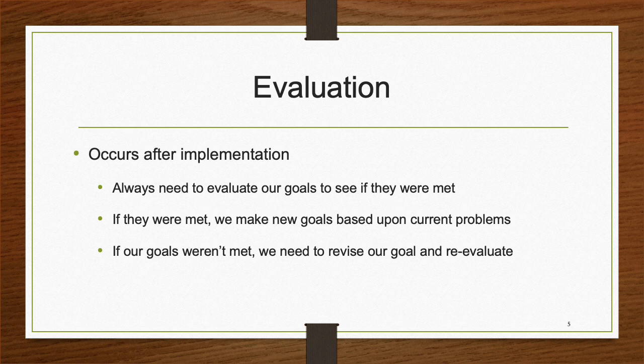I now need to create new interventions to hopefully alleviate that patient's pain, and maybe instead of a 10 to a 5, we need to tailor that a little bit, and let's go maybe from a 10 to a 7. Without reevaluating our goals, we can't move forward in the nursing process.